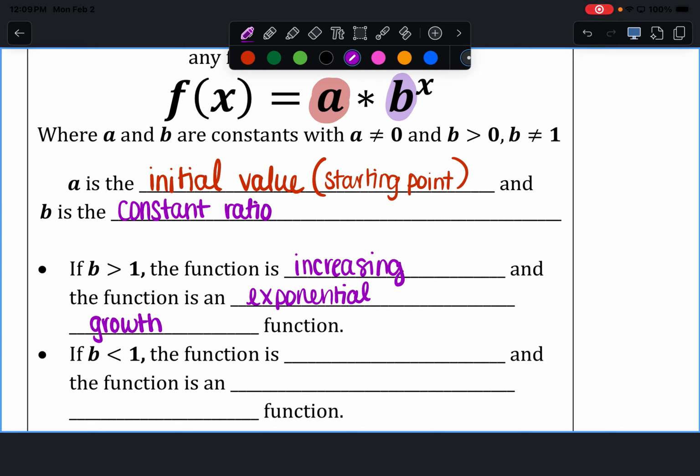But if b is less than 1, it is decreasing, and it is an exponential decay function.